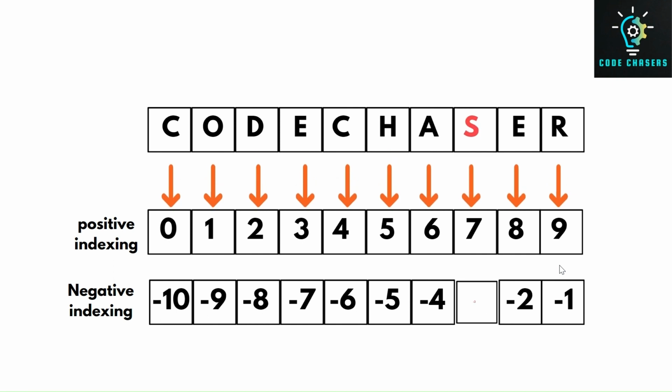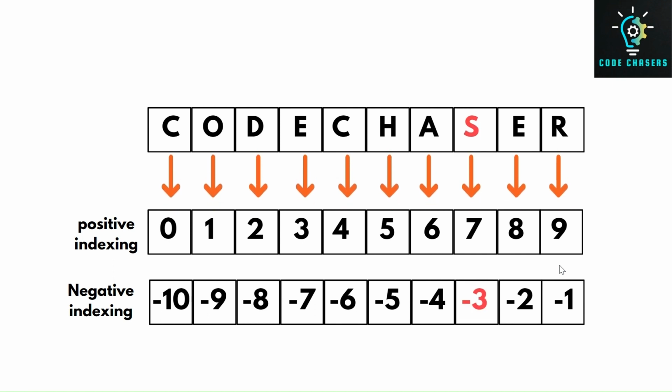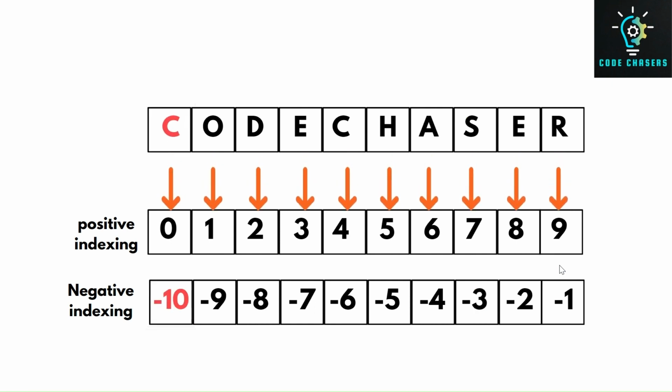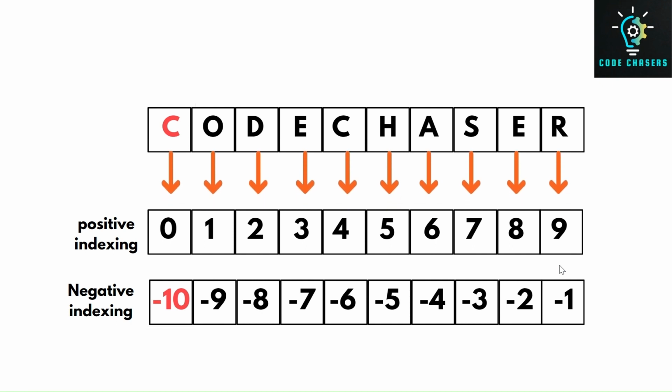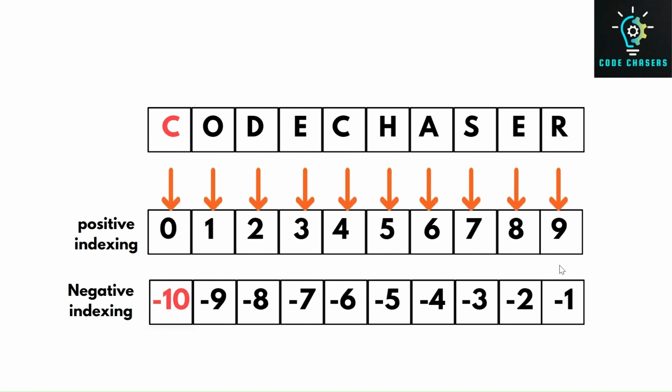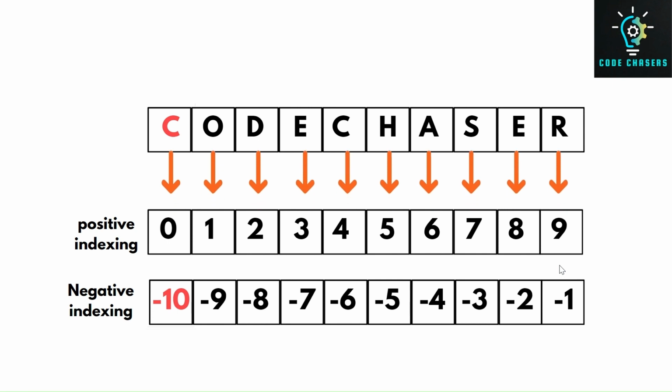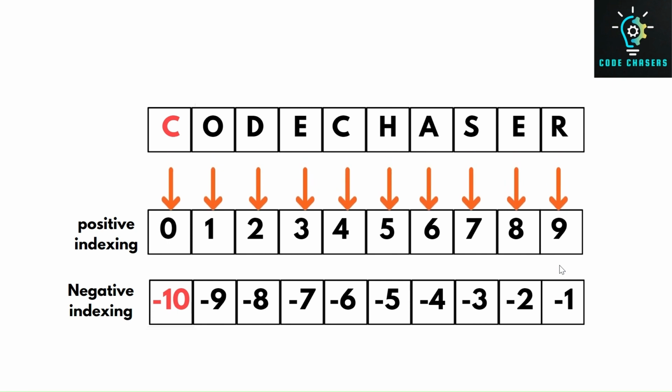Likewise, the third last character in the string is S. It will hold a position of -3 in negative indexing. It continues like this and it reaches the very first character of the string, that is C, and C will hold the index of -10 in negative indexing. Like this, negative indexing takes place in a string in Python.